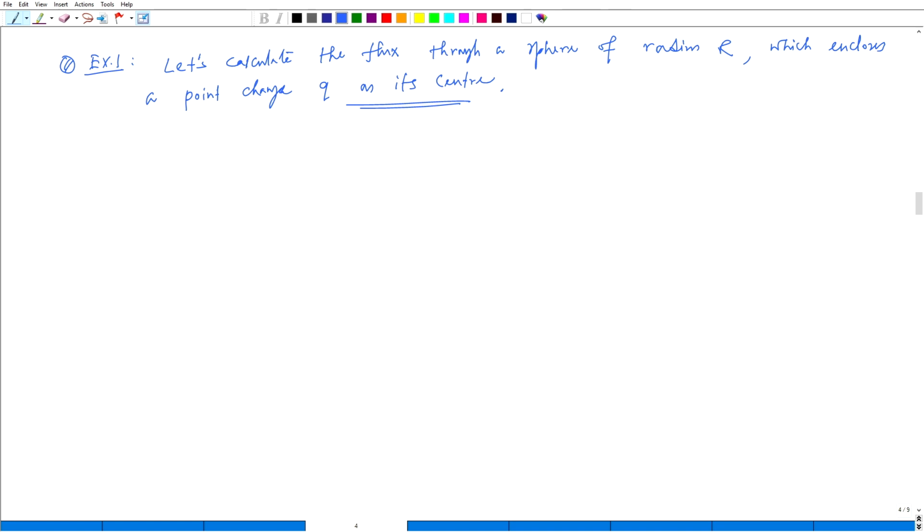We consider an element whose area is delta S. This is a closed surface, so the area vector is pointing radially outwards.